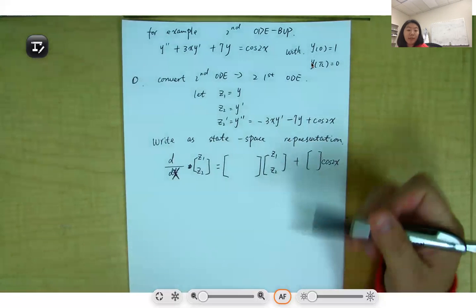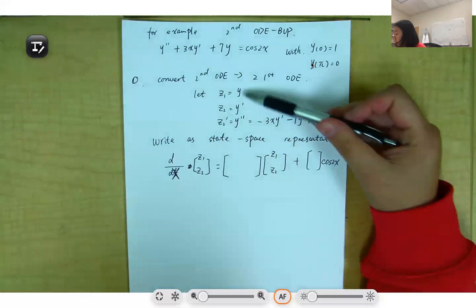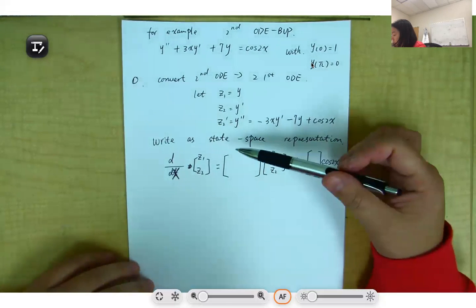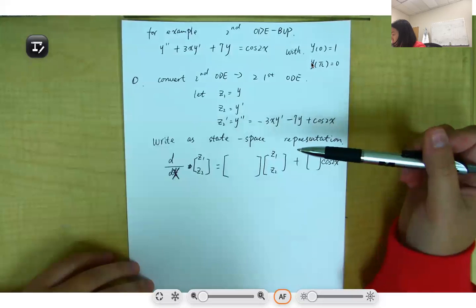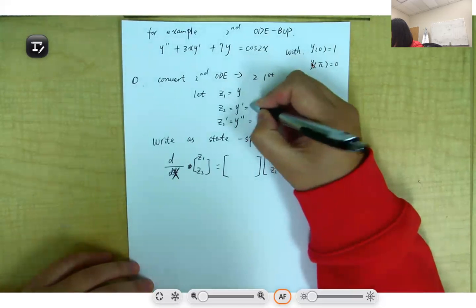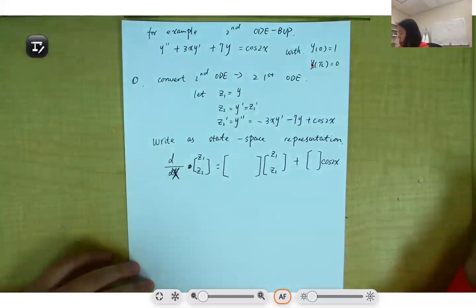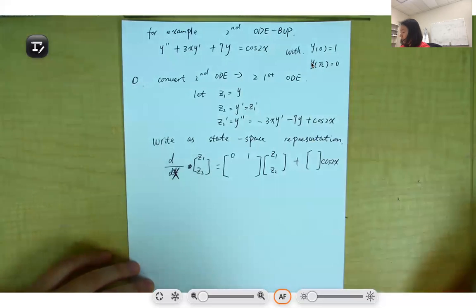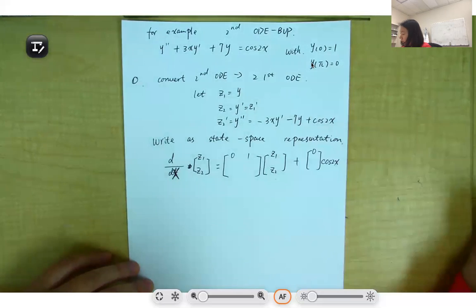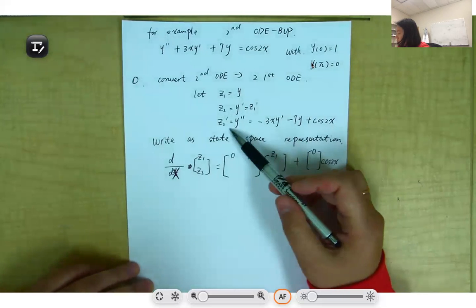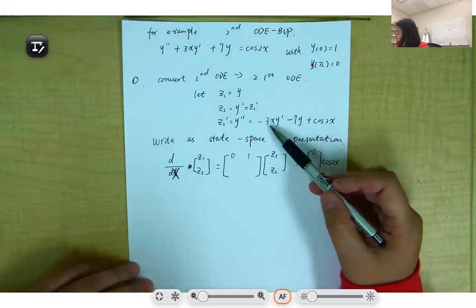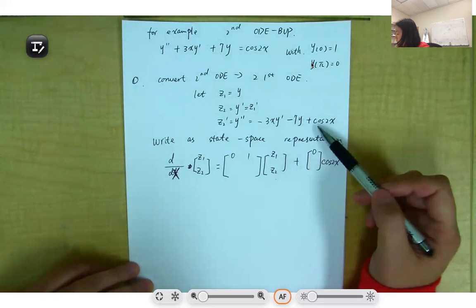Then let's figure out what the coefficients are based on our writings. z1 prime will be equal to z2, so that row is 0, 1. And the forcing function will be 0 here. Then z2 prime equals what? Minus 3xy prime minus 7y plus cosine 2x.